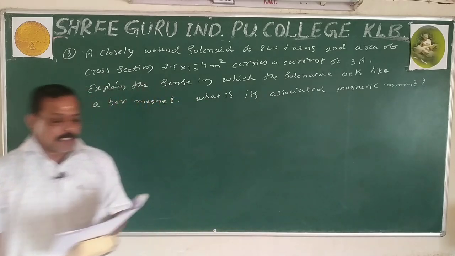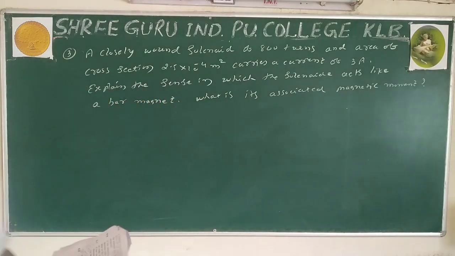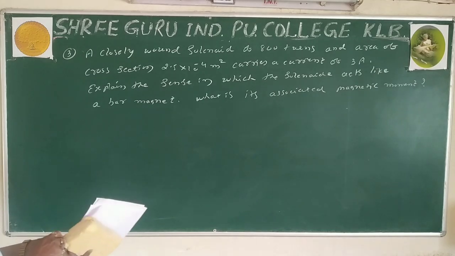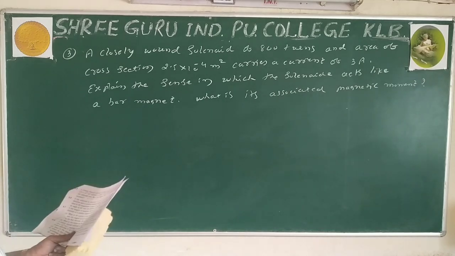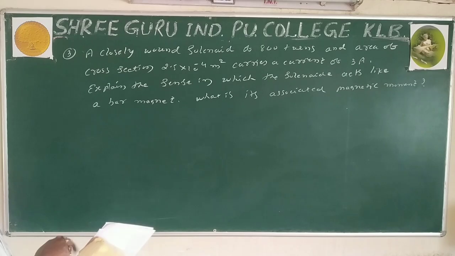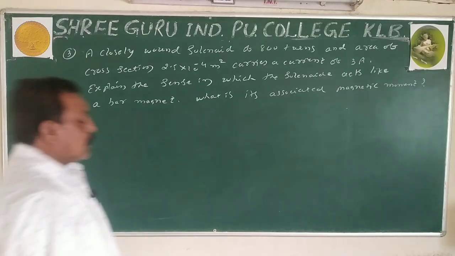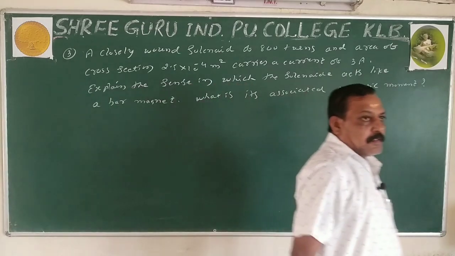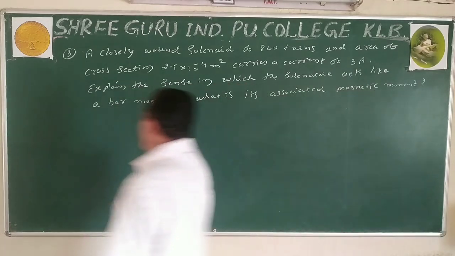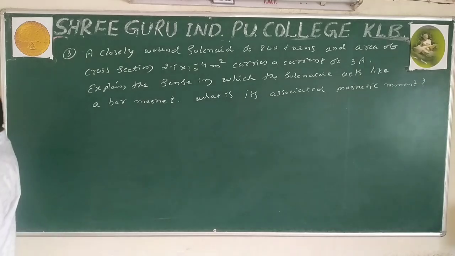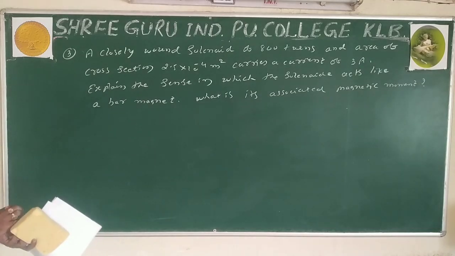The first part asks that when the current is passed through the solenoid, it acts as a bar magnet. Explain the sense in which the solenoid acts as a bar magnet. I want to merge one more problem along with this. What is the associated magnetic moment?